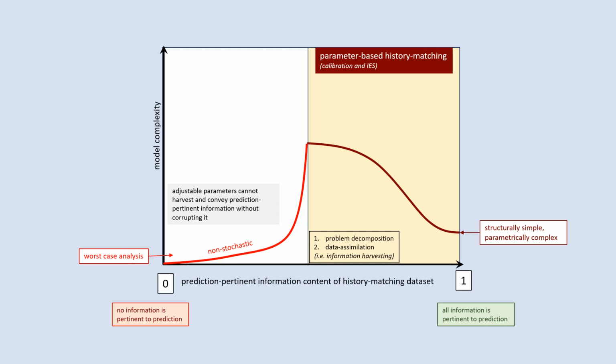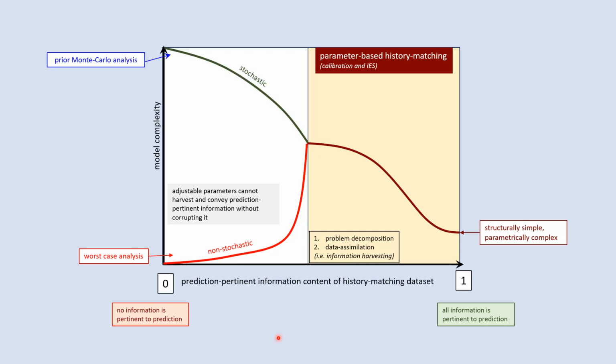The chances of its corruption are too great. If I do worst case analysis, and if on the basis of demonstrably worst case analysis I can reject the hypothesis that there's going to be a bad management outcome, well, that hypothesis is rejected. So this then can be my decision support strategy. It'll be a lot cheaper than trying to build a complex model, and under certain circumstances will be just as effective.